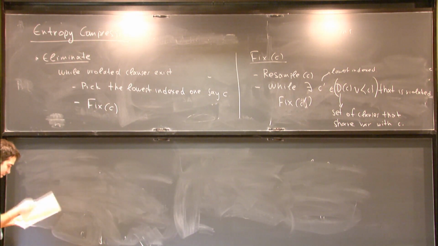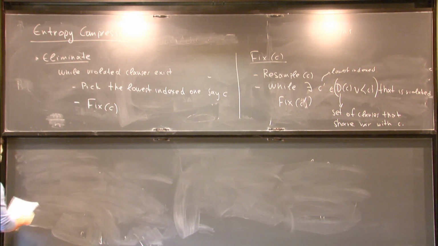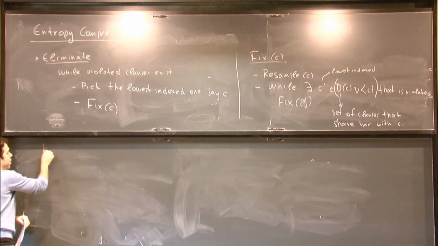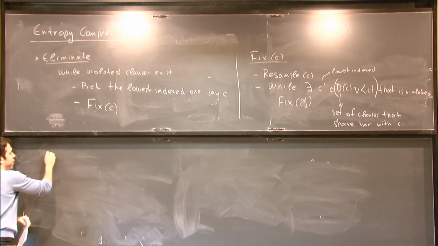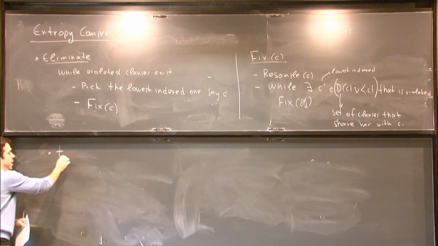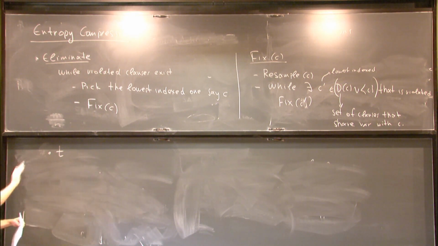I want to prove that this thing terminates. So I'm going to run my algorithm for t steps, and I'll show that as t grows to infinity, this thing will have to terminate.